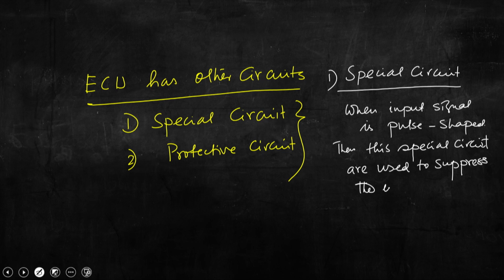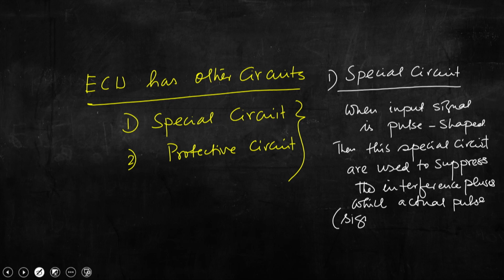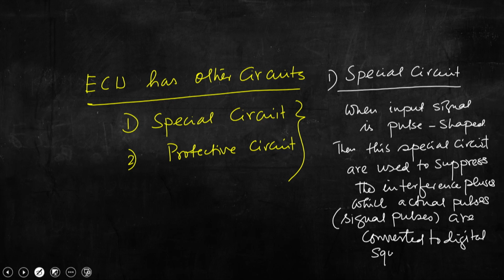the interference pulses, while actual pulses, certainly signal pulses, are converted to digital square shaped signal.